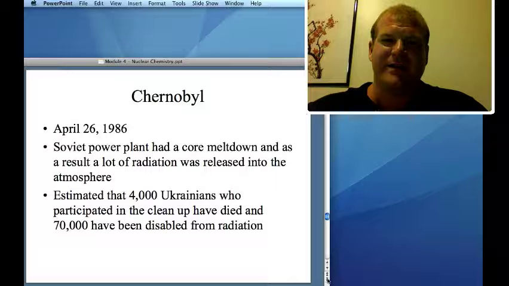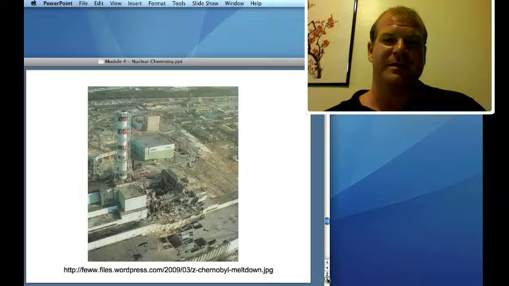Chernobyl was a terrible accident, and Fukushima is not as bad as Chernobyl, no matter what they say in the news. Basically, there was a core meltdown in Chernobyl, and a huge amount of radiation was released, and about 4,000 Ukrainians, called the liquidators, all died, and there have been many others disabled.